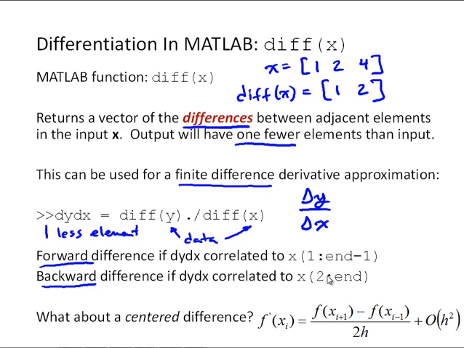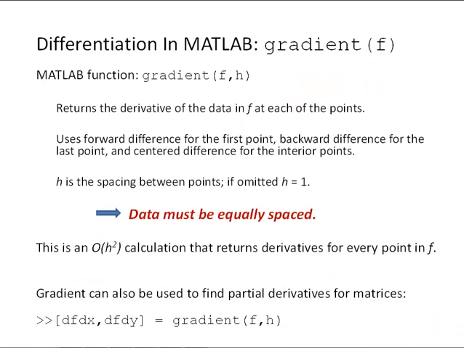The simplest, more accurate option that we saw in the numerical differentiation video would be a centered difference that's second order, using points that bracket the point at x. You could construct a centered difference approximation using diff, but MATLAB actually has a better function for doing that, and that's the gradient function.